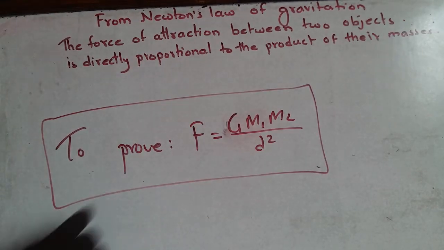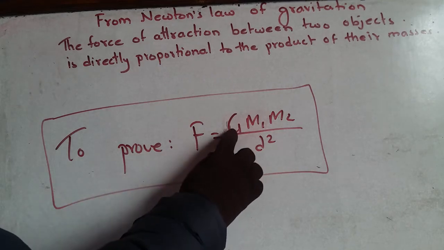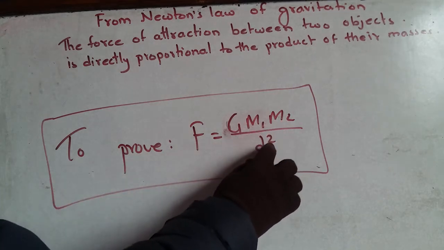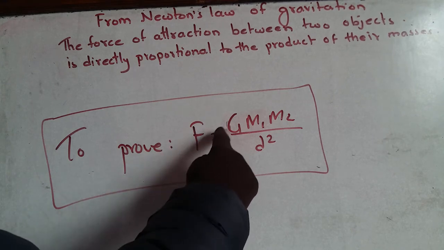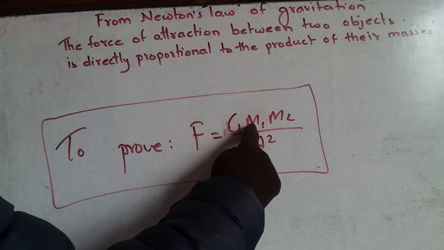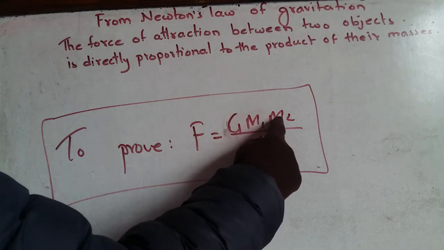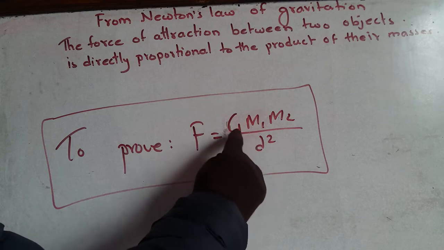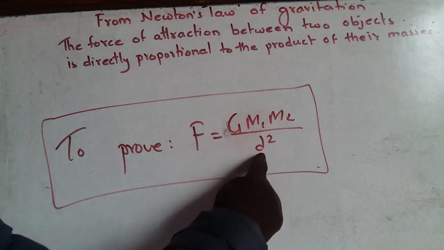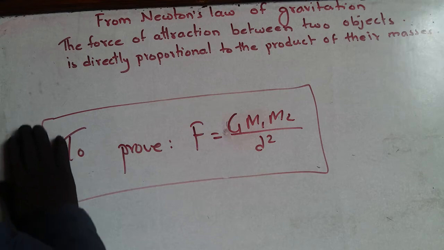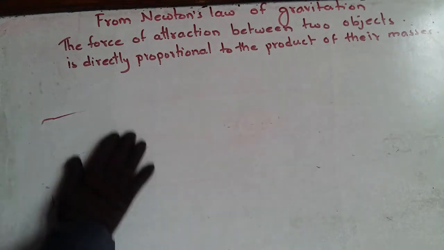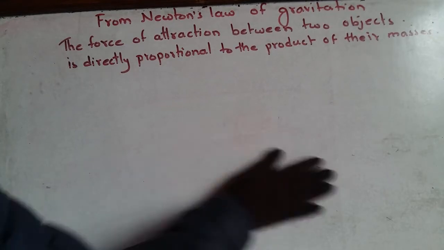That is, the force of attraction or gravitation is equal to G times the product m1 m2 upon d square. Here G is a gravitational constant, so we will prove this, but before that we will break Newton's law of gravitation into two parts.